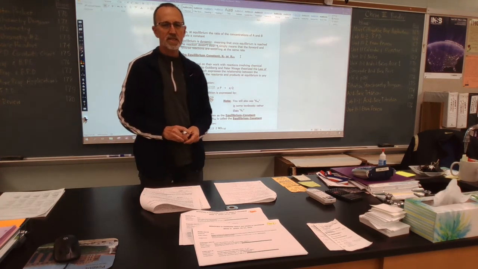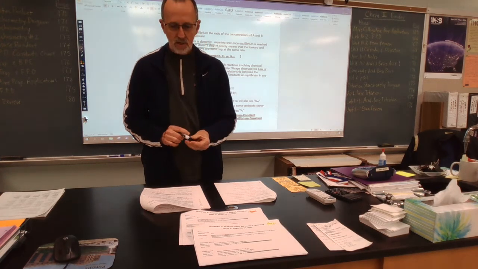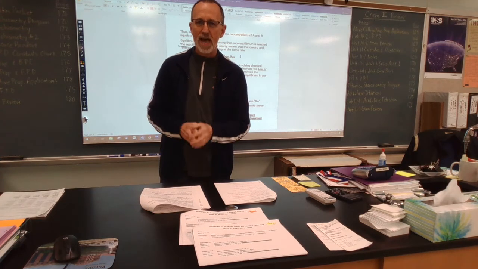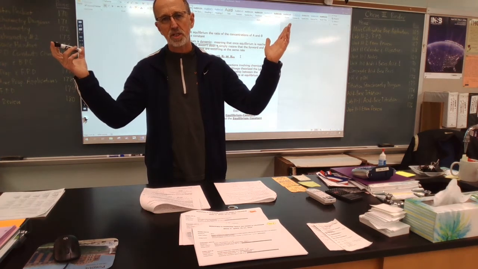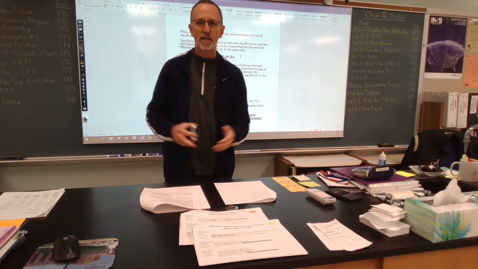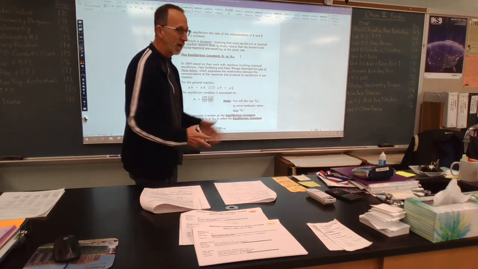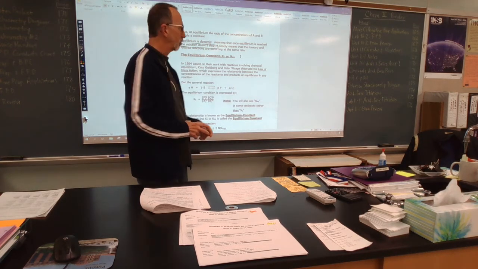This is a common misconception about equilibrium, that once the rates of the two reactions are the same, the reaction's over. Well, in an open system, that's true. Once the reaction's gone to completion, it is over. We talked about that many times, when the reactants run out or the limiting reactant runs out.